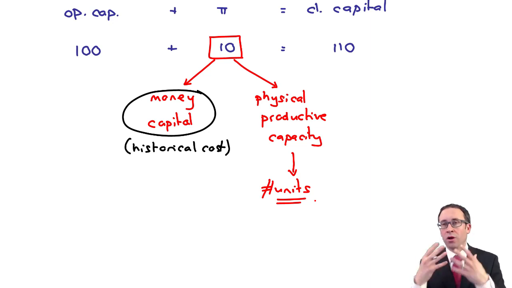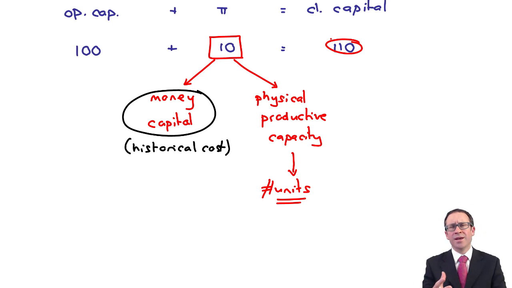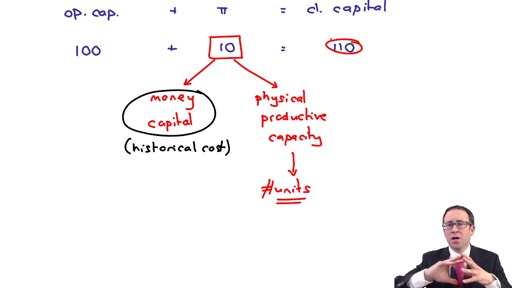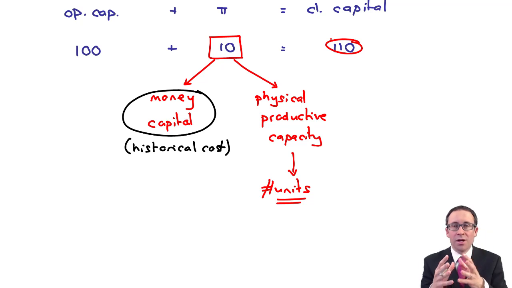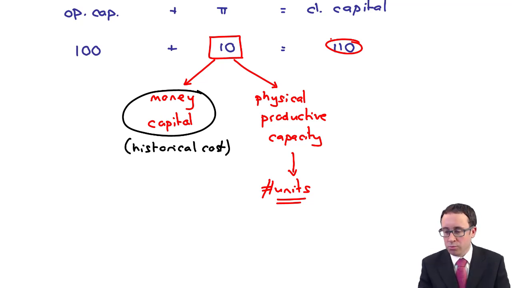So based upon your closing capital figure here of 110, have I actually produced more units this year than I did in the previous year? Because just because closing capital has increased doesn't necessarily mean that I have actually got more units in inventory and have produced more units this year as opposed to last year. Because the whole issue around your capital maintenance comes down to inflation.